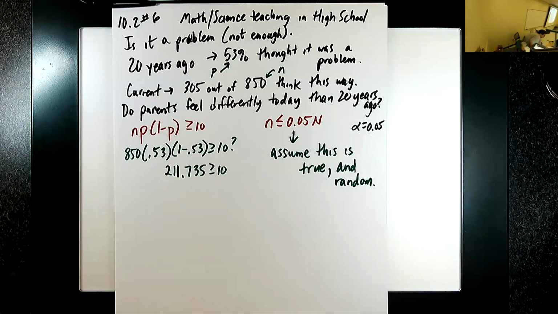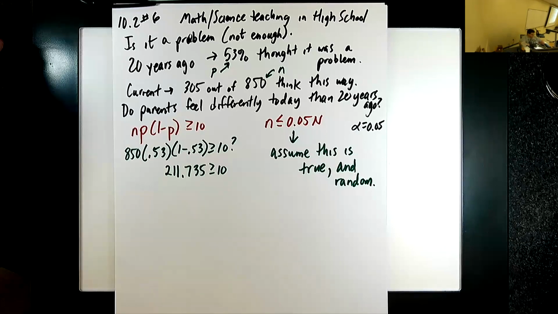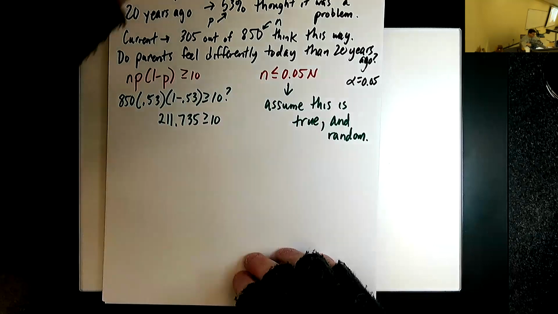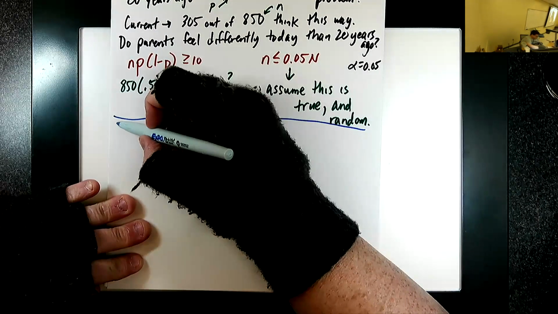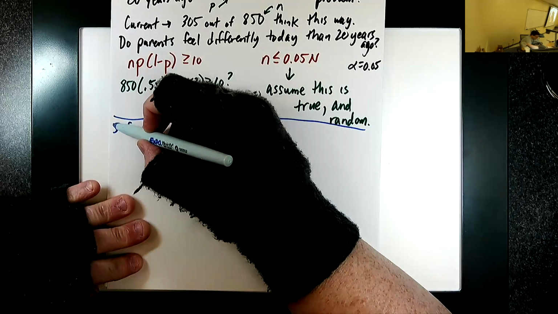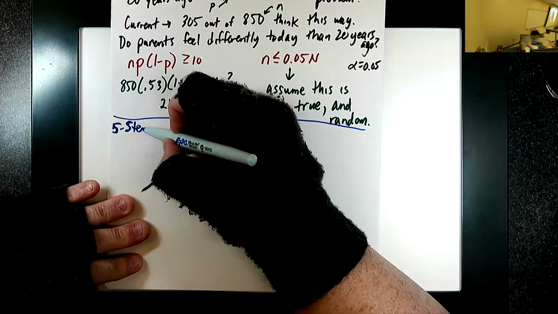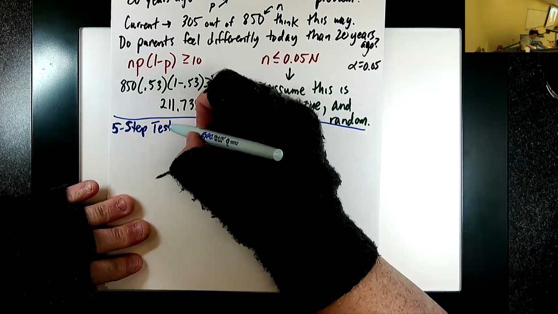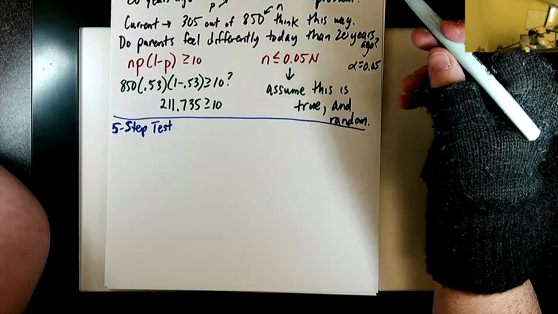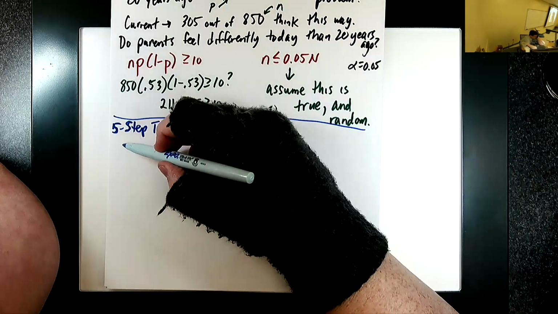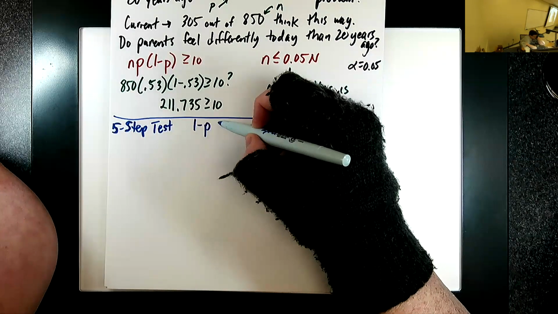So let's do the test before we go do the homework problem. Our 5-step test. This is a one proportion test.